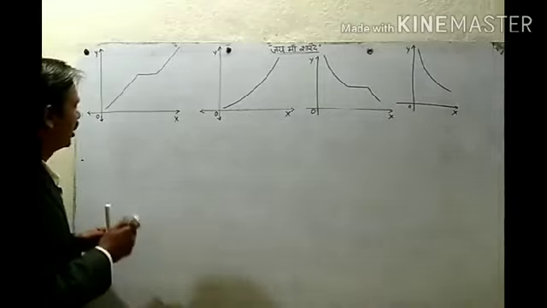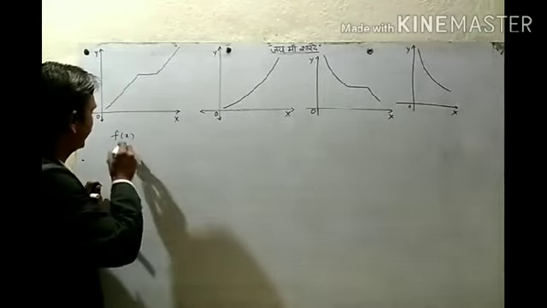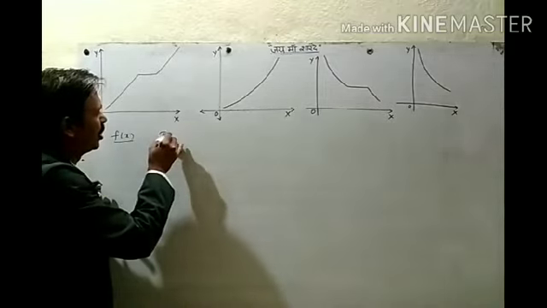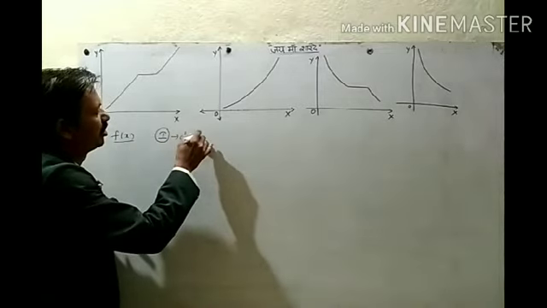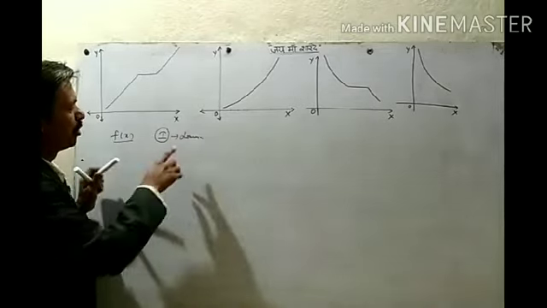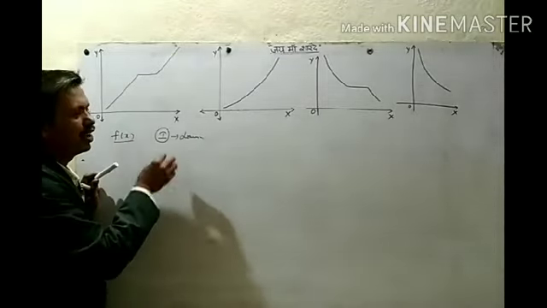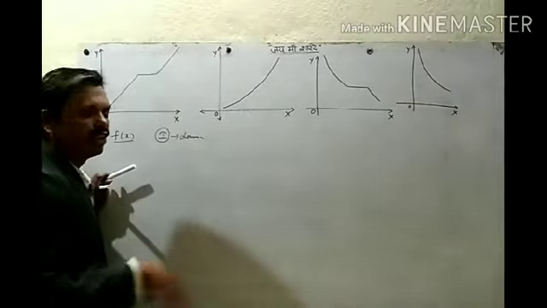So a function f of x is said to be increasing or decreasing in its domain. In the domain one interval is given, say I. So this function f of x is said to be increasing, decreasing, strictly increasing or strictly decreasing in this interval.